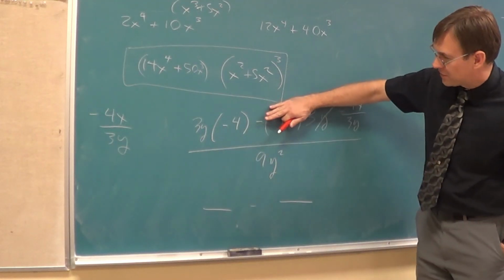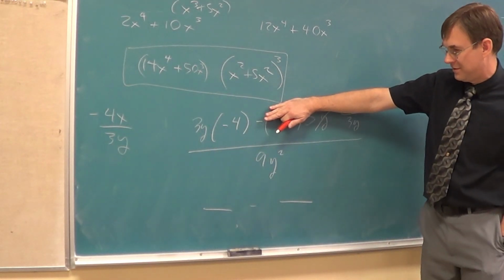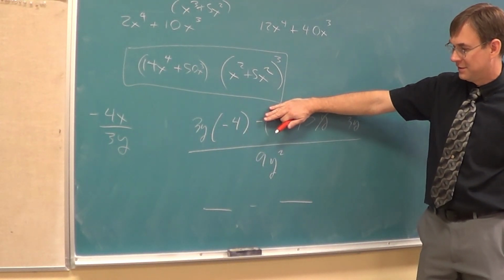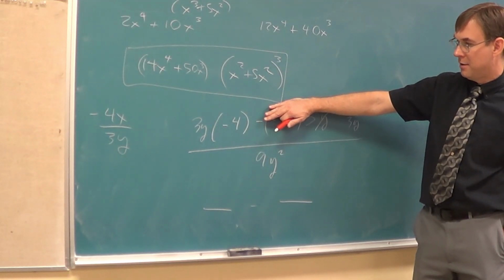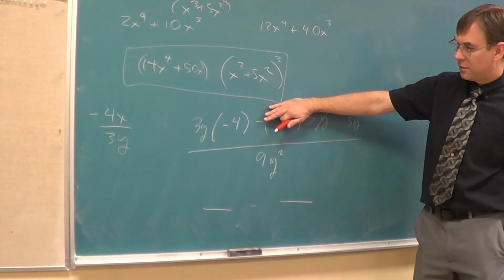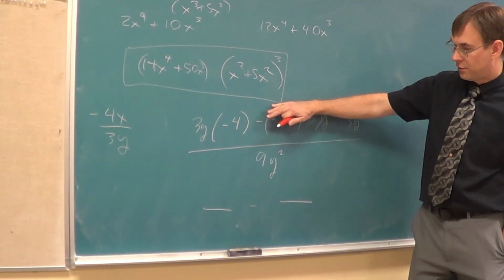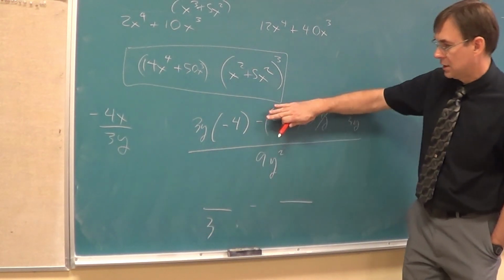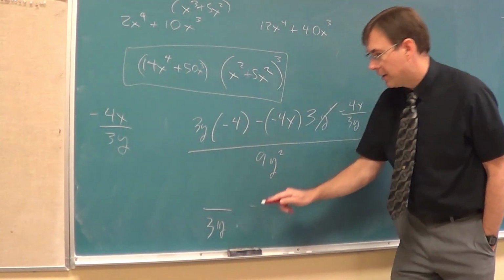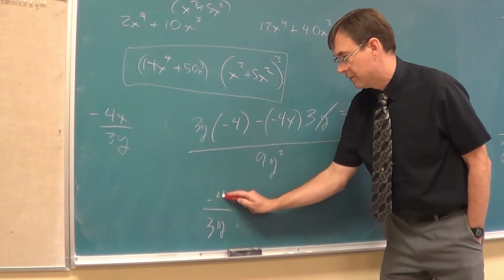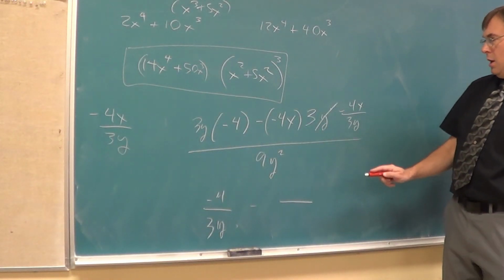So, first fraction, who can cancel who? The 3y, or it'd be negative 12y. We could multiply that, or cancel it first, it doesn't matter. 3 and 9 could cancel, leaving 3 on the bottom. The y's cancel, leaving a y on the bottom. I didn't touch the negative 4, I could leave that on top.